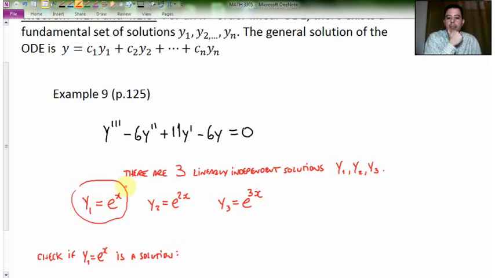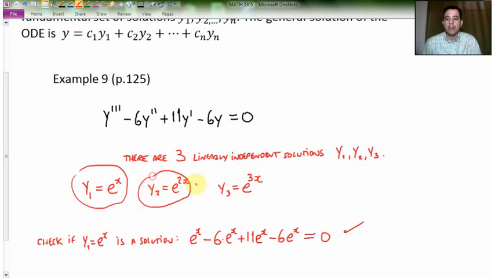If I plug e to the x into the ODE, the third derivative of e to the x is e to the x, minus 6 times the second derivative of e to the x, which is e to the x, plus 11 times the first derivative of e to the x, which is e to the x, minus 6e to the x. Is that equal to 0? And you will see that it is, right? This is 1 plus 11, that's 12e^x, and then negative 12e^x, it is 0. So it is a solution.